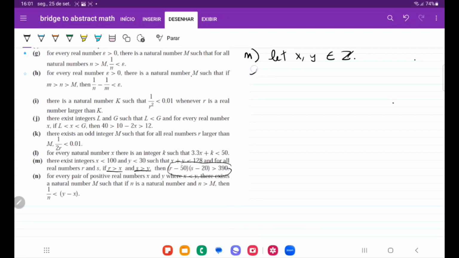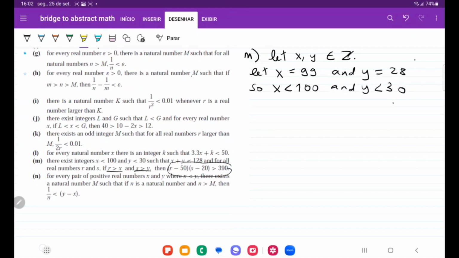And then we're going to say let x be equal to 99 and y is equal to, let's see, I'm going to call that 28. So we have that x is going to be less than 100, right? Because 99 is less than 100, and y is less than 30.